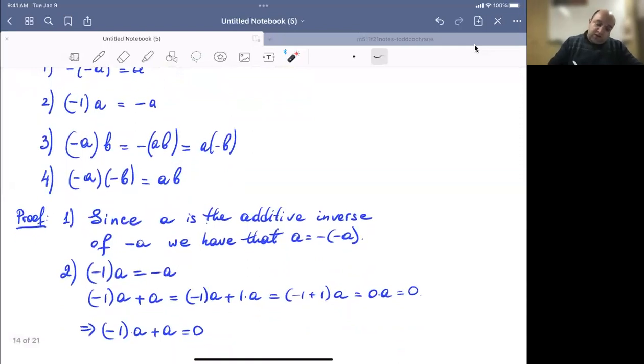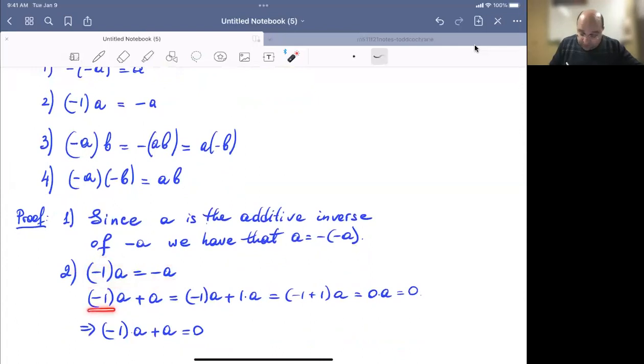Okay, so what about the second property? If you multiply A by -1, you get negative A. Let's see how you can show this. Imagine I add A to the left-hand side.